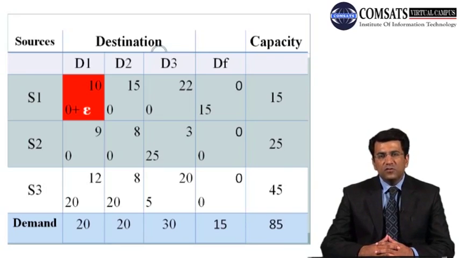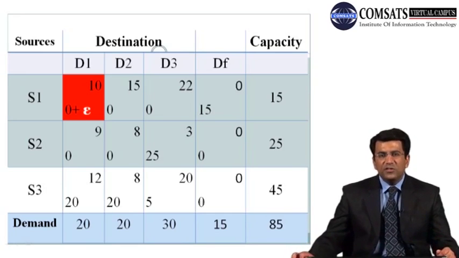Now what we can do in this particular case, we can introduce a very small value which is set as epsilon. We can add any small value, epsilon, either in the u1 row or the v4 column, because we were not being able to calculate the values for u1 or v4.